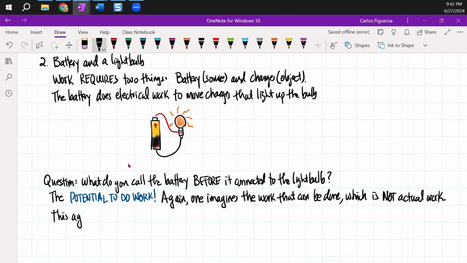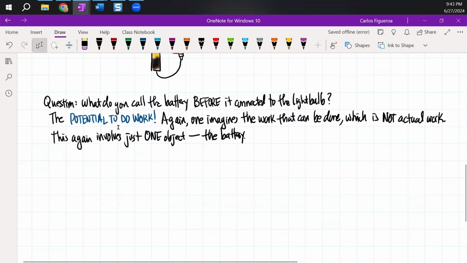This, again, involves just one object, the battery. And believe it or not, it's the battery that's the potential field.